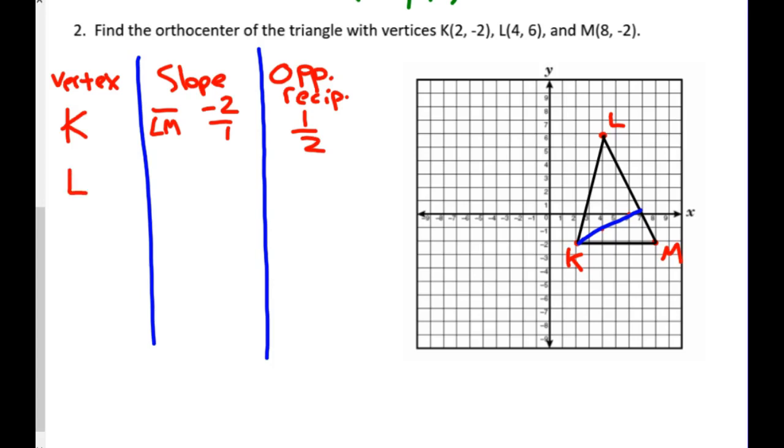Let's do it for the Eagles. L. So, L is across from KM. Now, what's the slope of KM? 0. The amount of wins the Eagles have against the Dallas Cowboys. That's right. So, 0. So, from 0, we need the opposite reciprocal slope.